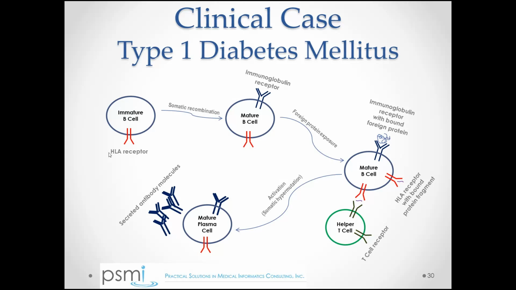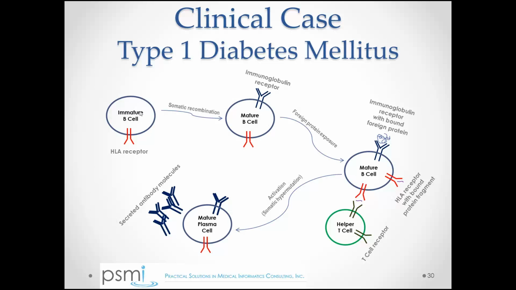It has the HLA class 1 receptors, and it has the HLA class 2 receptors, and the actual receptors on the surface of an immature B cell really just depend on which particular HLA alleles you were born with. Whichever HLA alleles you were born with determines what HLA receptors are on your B cells, and that's going to be the same for all of the B cells in your body. That's not going to change over time.